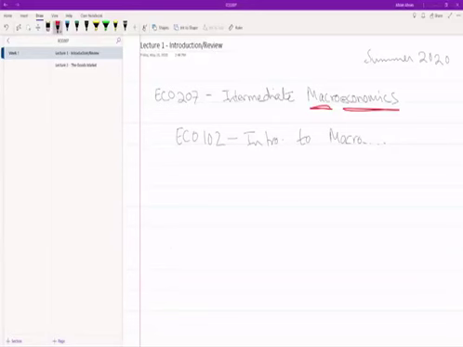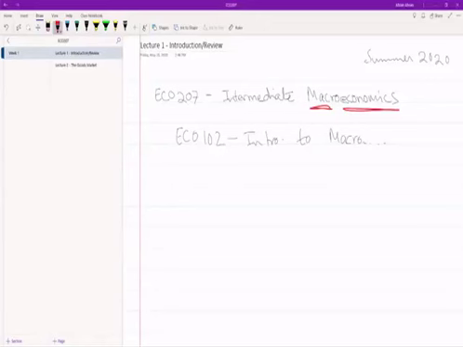To understand what that means, go back to what you learned in ECO 101, Introduction to Microeconomics. In 101, all we looked into was one buyer or one seller. We looked at the equilibrium of one market. Our focus was micro, on something small.